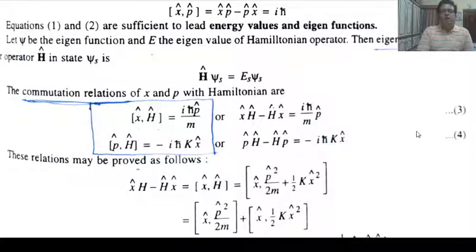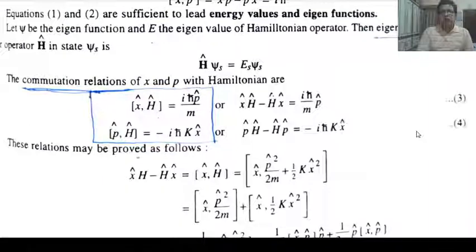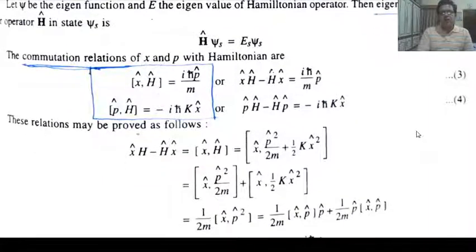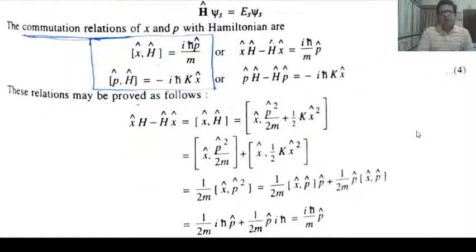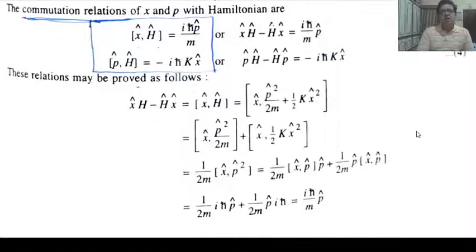The commutation relations of X and P with the Hamiltonian are X cap H cap commutator equals iota H cross P cap upon m, and P cap H cap commutator equals minus iota H cross K X cap. You calculate these operators using these commutators.